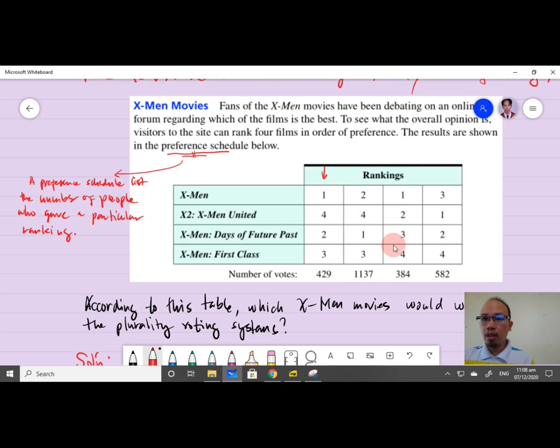So all throughout this topic, we will be considering this kind of table. Okay, this is not the same as here in the Philippines. Here we use the majority vote or the popular vote.